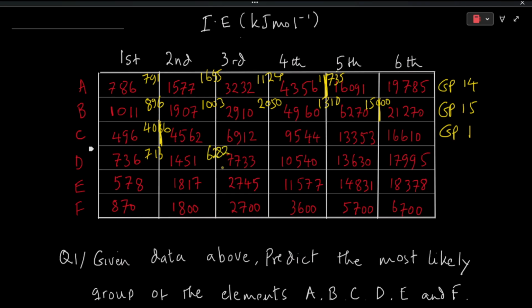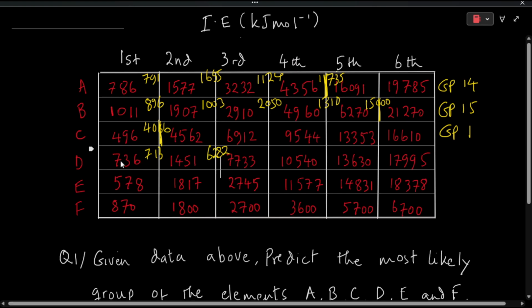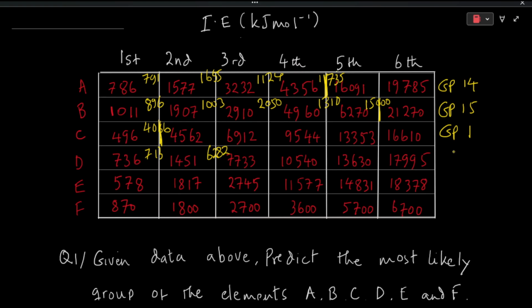And we can observe a huge jump between the second ionization energy and the third ionization energy, which gives us the clue that this amount of energy, this 7,733 kilojoules per mole, is used to remove a core electron. These first two ionization energies are used to remove valence shell electrons. And so element D is most likely to be in group 2.